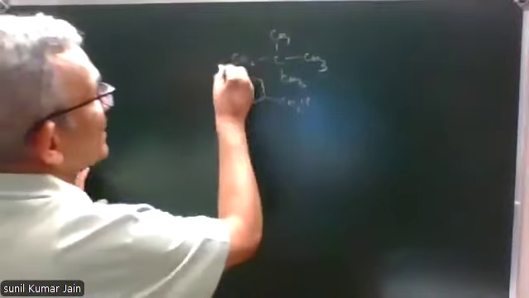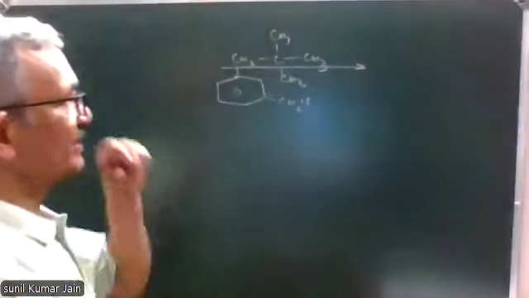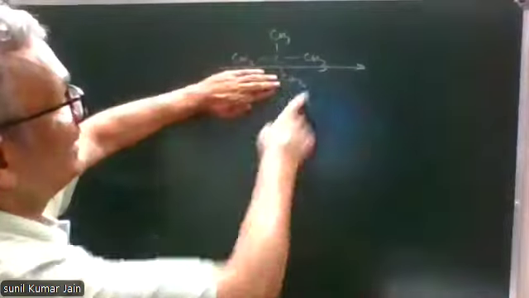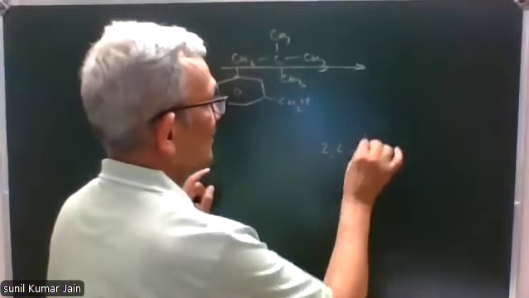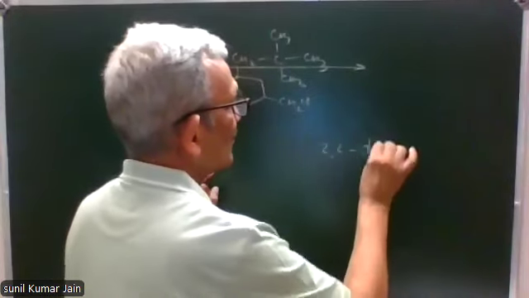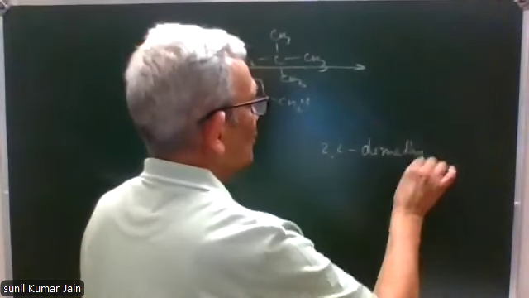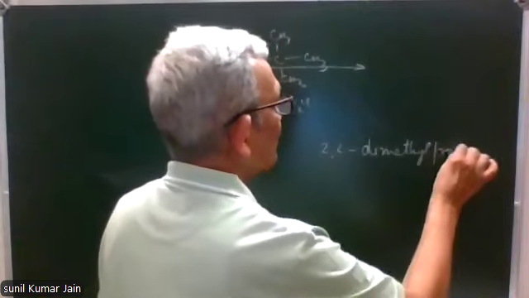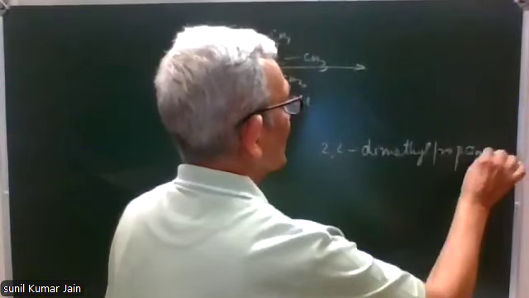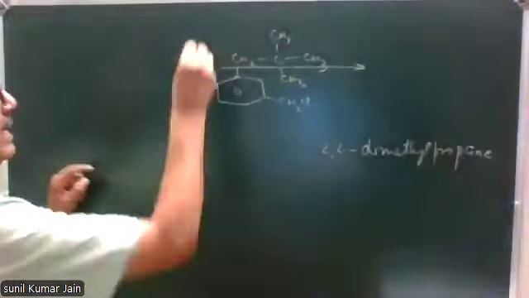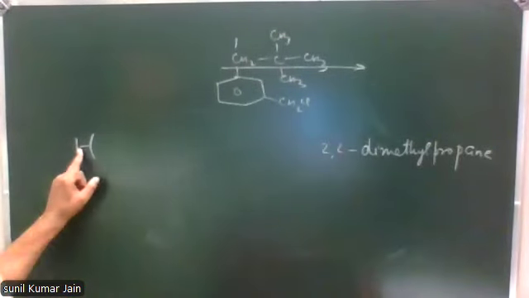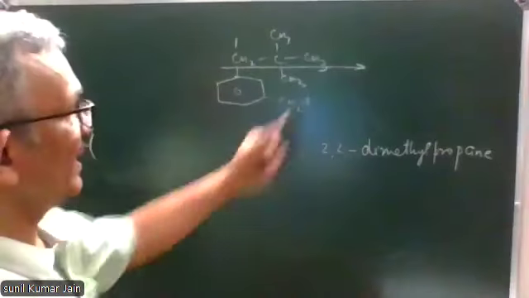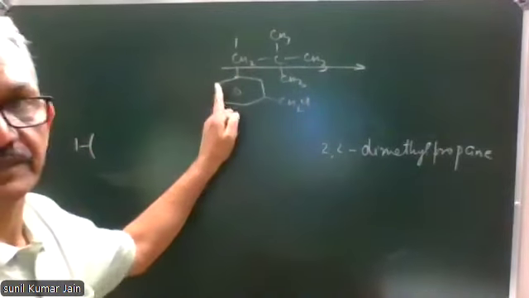First, we'll name this part. We'll count in this direction, and this part will be 2,2-dimethyl propane. This is carbon number 1. So on carbon number 1 of propane, this is attached.